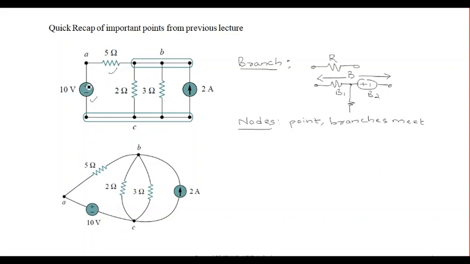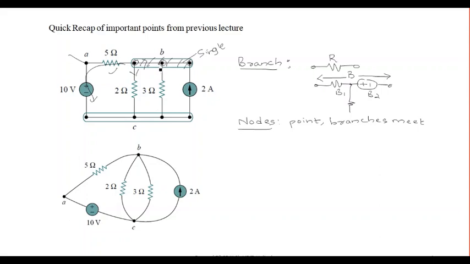You can consider these as separate branches, but since we don't have any diversion here, the current in this branch will be the same, so you can consider it a single branch. But here you can see the split is there, here and here. It will constitute a node here and here as well, but all these three nodes can be considered as a single node, right? Because they are the common point.